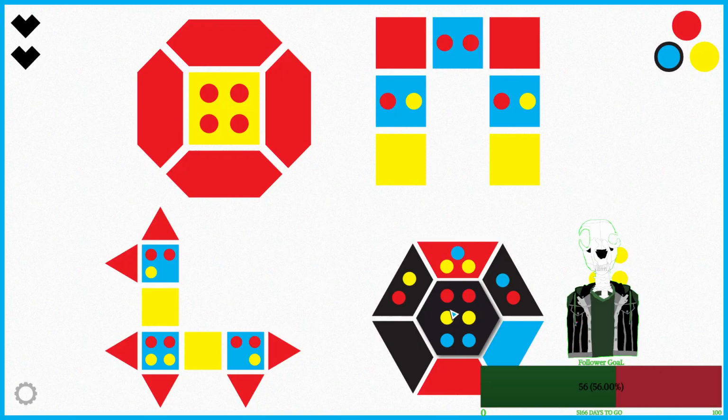Hmm. My brain turned off. I gotta turn it back on real quick. Boop, boop, boop, boop. Okay. So this is touching the red, so this is just a yellow.